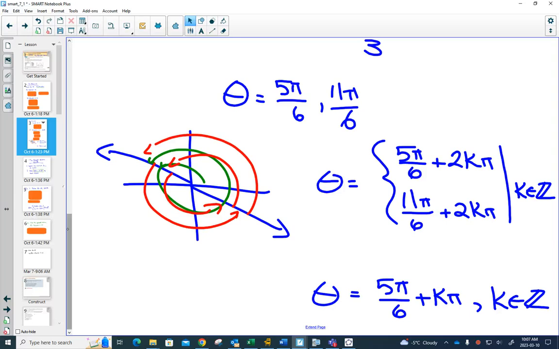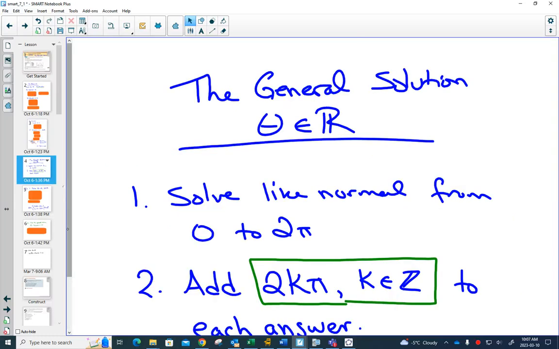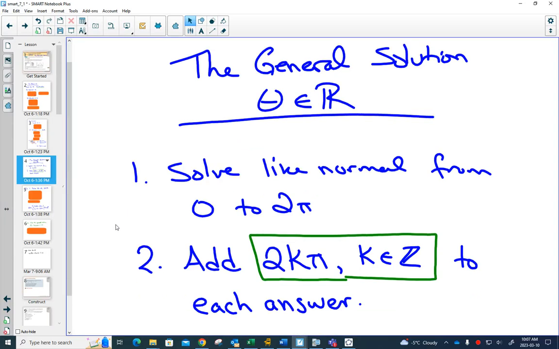So, at the top of page 574, write out the steps for the general solution. The two steps for the general solution are just two things you knew already from chapter 6. So it's a bit of a review of chapter 6. You already know how to solve between 0 and 2 pi.